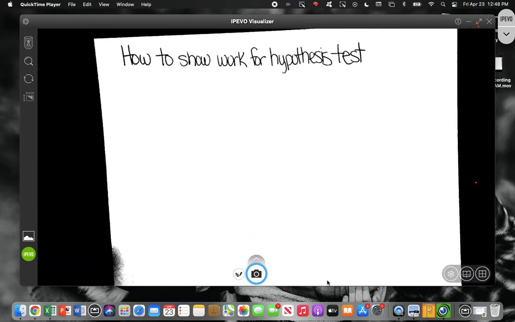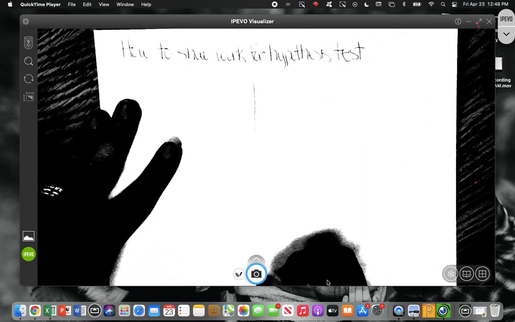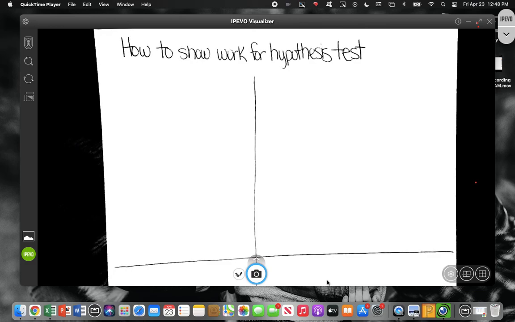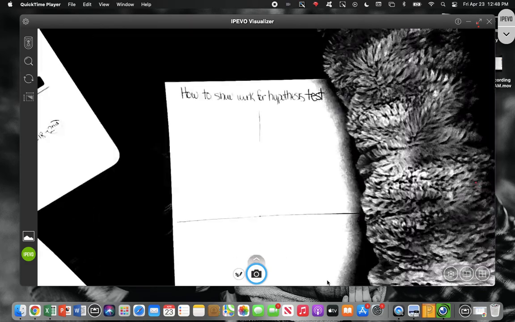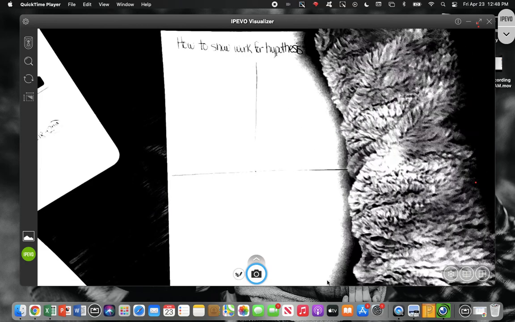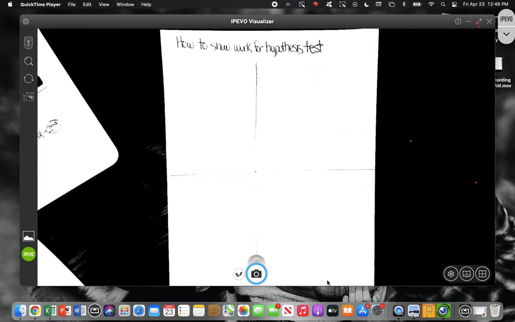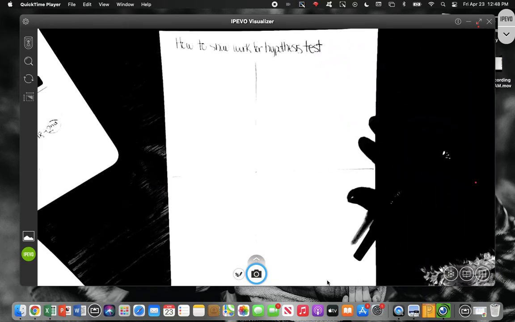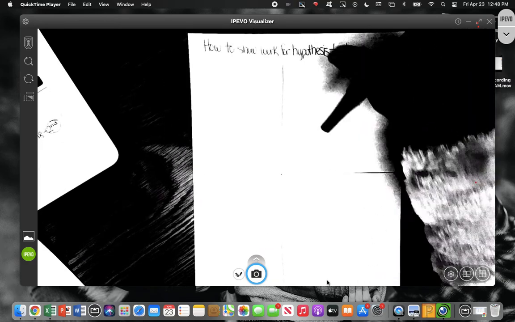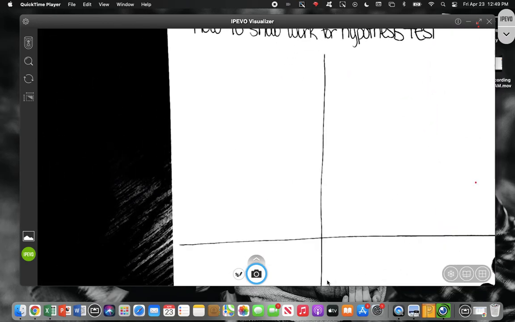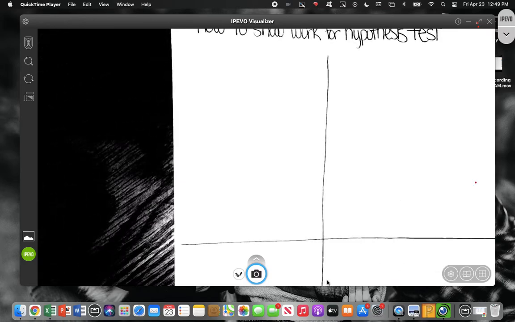All right, the first thing we're going to do is divide our paper into fourths, because there's 4 things we're looking for. Sorry, it's not focusing the greatest. So divide your paper into fourths, and then we'll talk about each quadrant and what you should include.